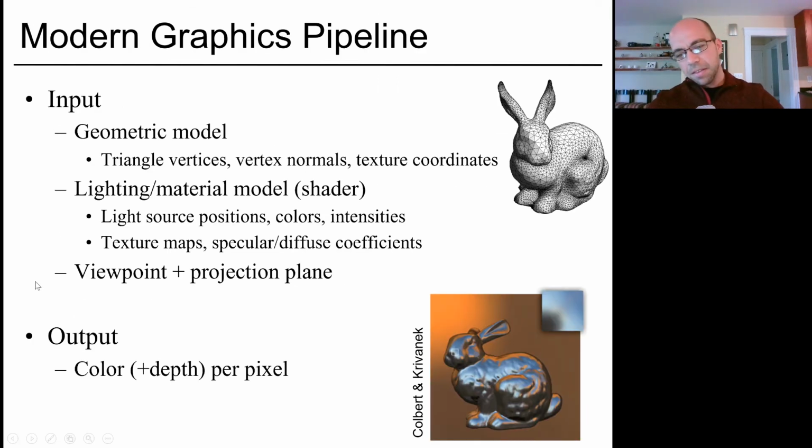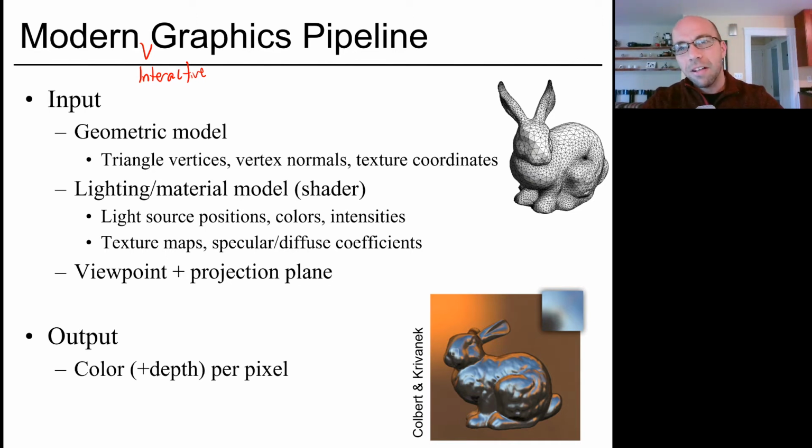Okay, so let's talk about the modern interactive graphics pipeline. I should really add the word interactive here. In order to draw a scene, we're going to need several different inputs. We'll need the vertices, normals, and texture coordinates of the objects in our scene, the lighting information and material of those objects, and maybe some information about your camera, like the viewpoint, projection plane, and so on.